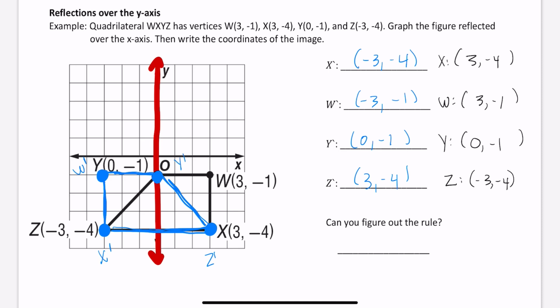So when we're reflecting over the y-axis, you can see we're going to the left or to the right. So that would mean a change in our x-coordinates. You can see all of my x-coordinates simply change sign. So the rule when we're reflecting over our y-axis is that our x values are going to become negative.